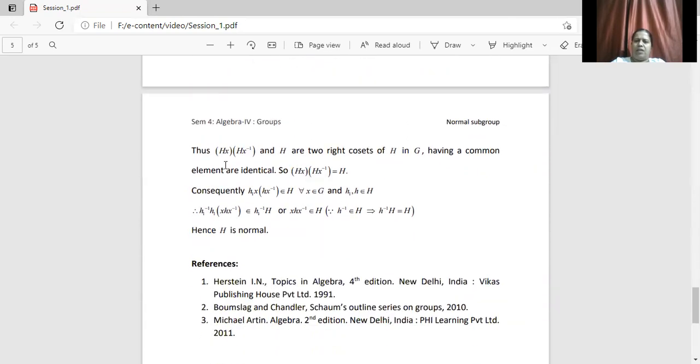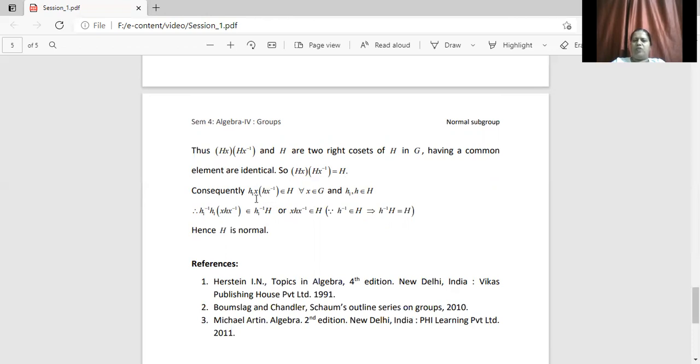Thus, Hx into Hx inverse and H are two right cosets of H in G having a common element, so they are identical. Both of them have the common element, that is e. Hence, we can say that Hx into Hx inverse is equal to H.